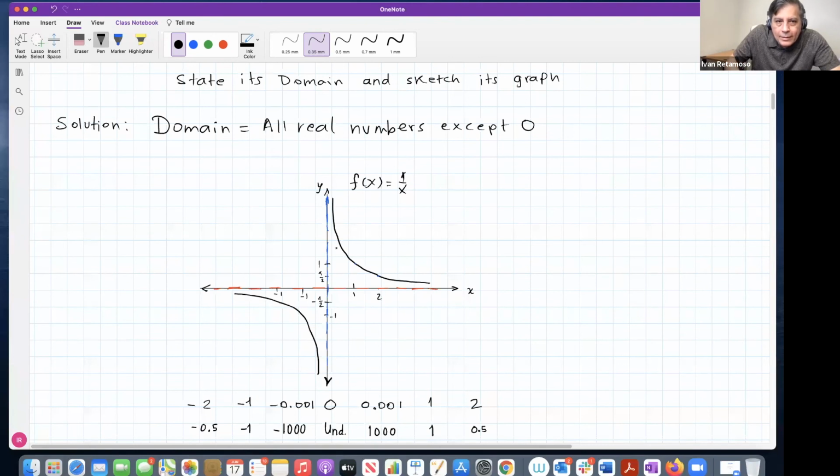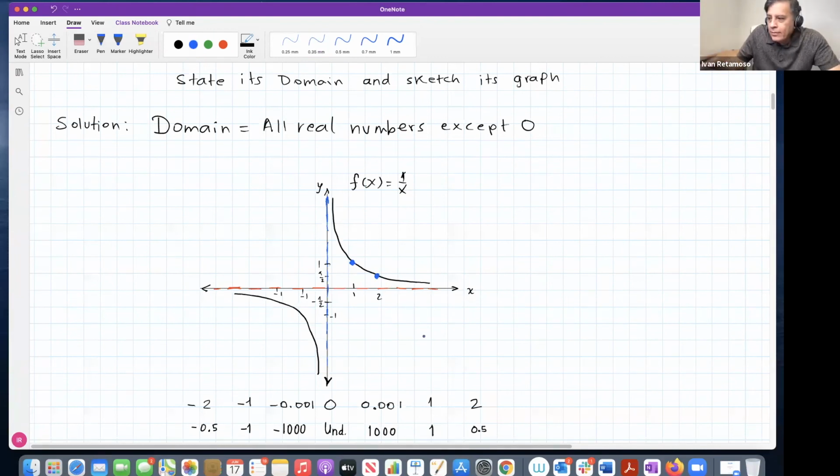So 1 should be paired up with 1, right? So here I have a point. If x is 2, 1 over 2 is 1/2, which is 0.5, right? So 2 should be paired up with 1/2 here. Another point, right?